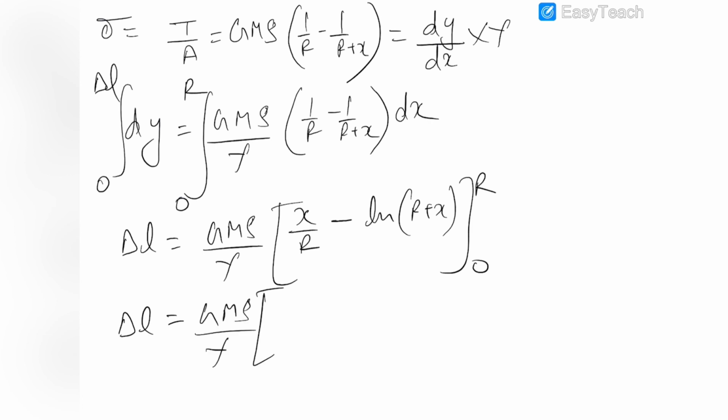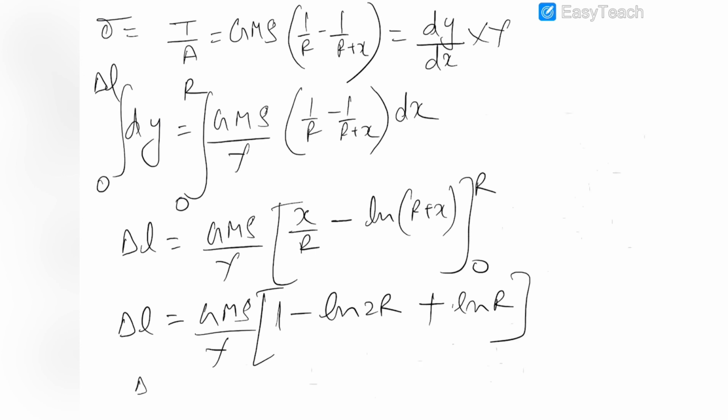I am substituting r first of all here, so it would be 1 minus ln 2r, and minus, then I am substituting 0, then it would be plus ln r.